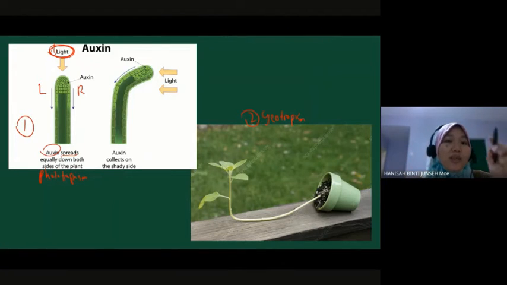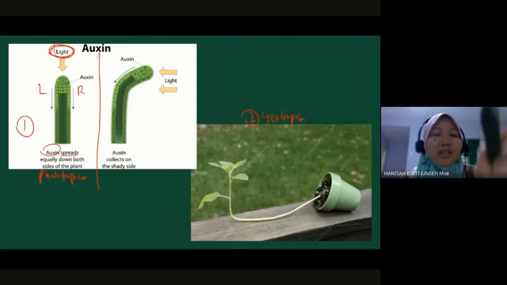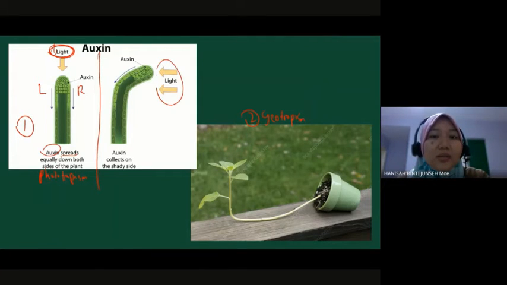That is when the light is at the top. Okay, so situation number 2, when the light is only on one side. In this situation, the source of light is on the right side. So again, that is the light. Let's go to the plant. The plant has a left and right.